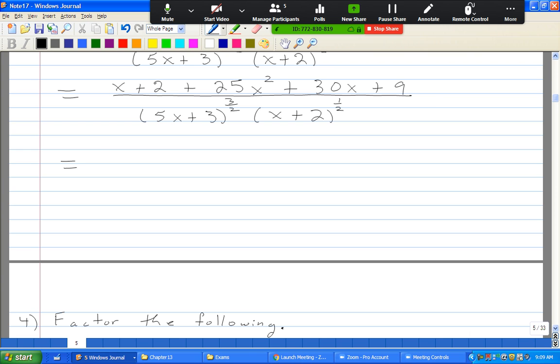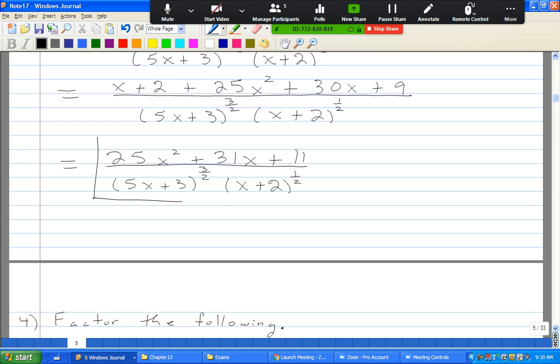So this is equal to 25x squared plus 30x plus x is 31x. 2 plus 9 is 11, all over 5x plus 3 to the 3 halves times x plus 2 to the 1 half. And that is your answer.